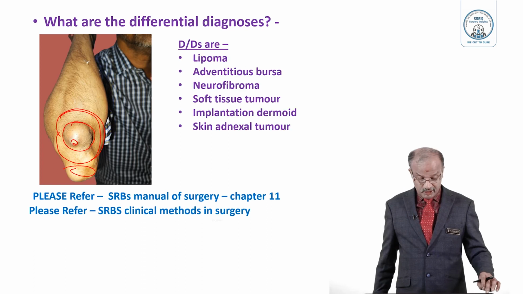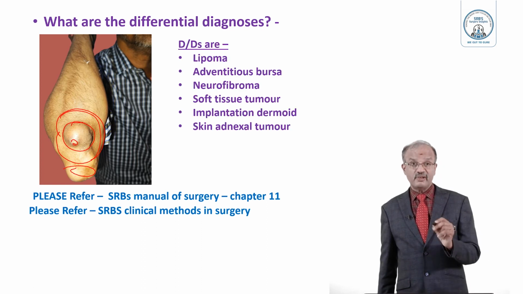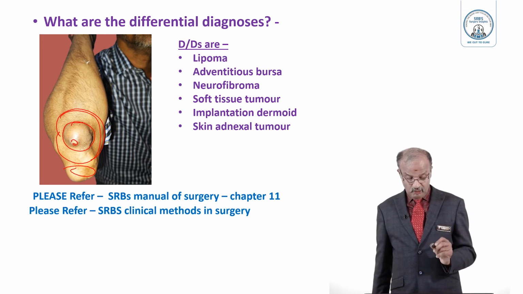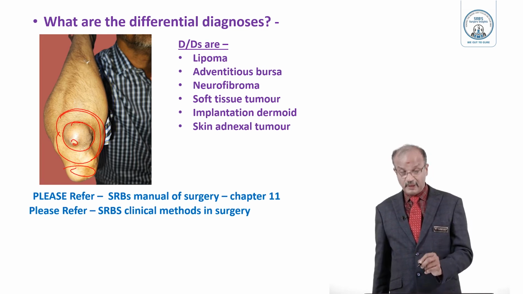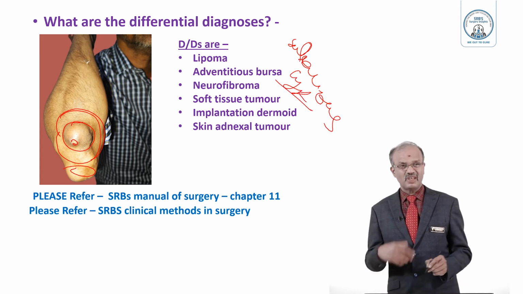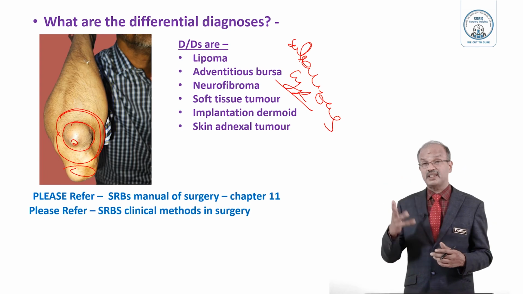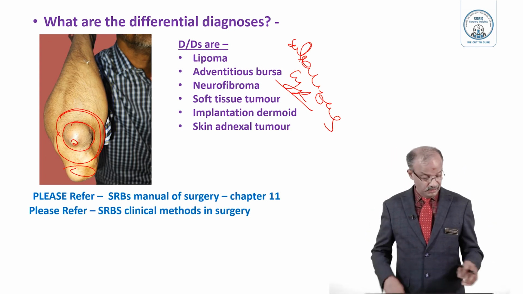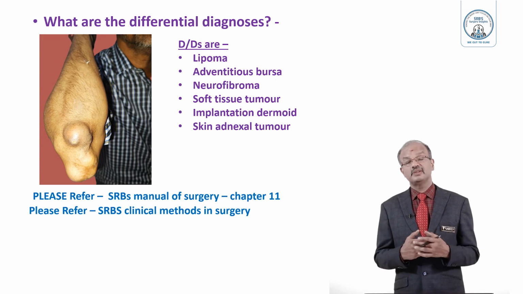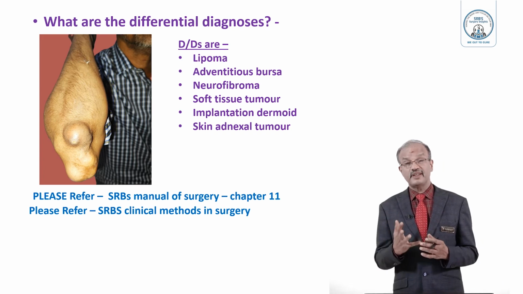So, what differential diagnoses will you think of? Lipoma, adventitious bursa, neurofibroma, soft tissue tumor, implantation dermoid, skin adnexal tumor. Additionally, a simple sebaceous cyst, also called an epidermal cyst or Wen, W-E-N, can be a differential diagnosis here.